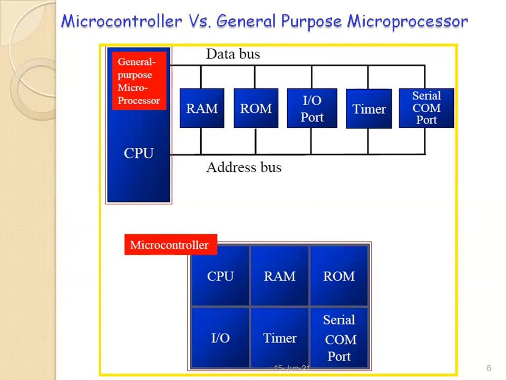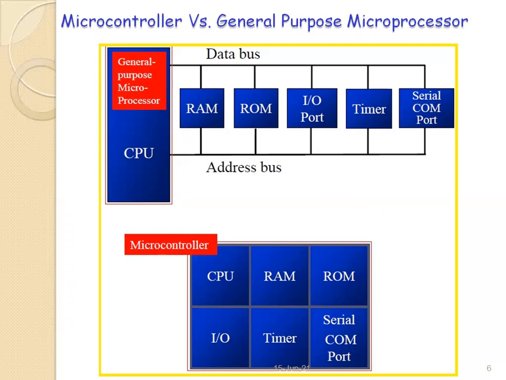Okay. So whenever we are talking about the microcontroller, we find that the CPU comes along with a specific amount of RAM incorporated inside the single package. Along with ROM, the input-output port, the timer, and the serial COM port, all are embedded inside the integrated circuit. So this is known as your microcontroller.